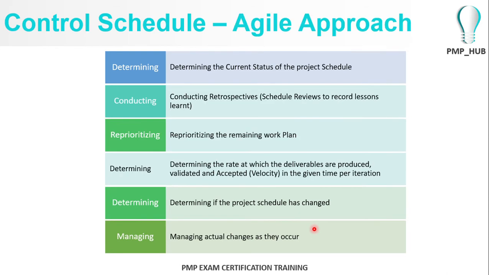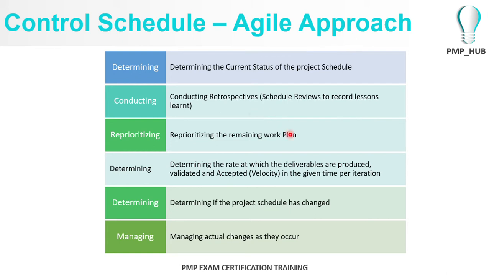In the context of an agile approach, it involves you as the project manager determining the current status of the project schedule and conducting retrospectives, which involve the review of the schedule and also understanding the project backlogs after each iteration cycle.